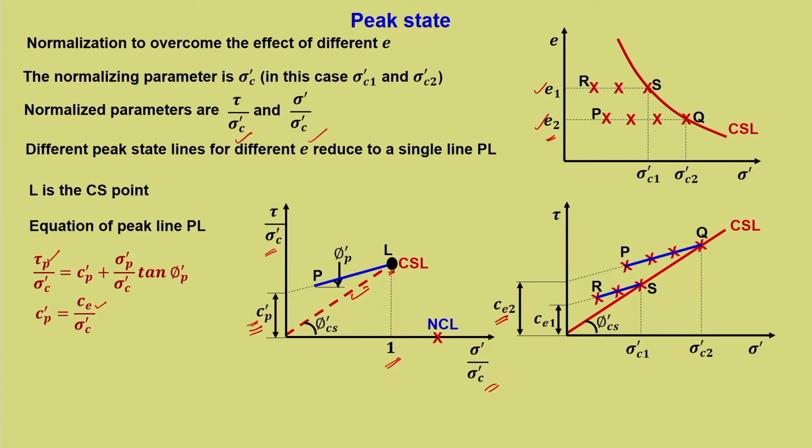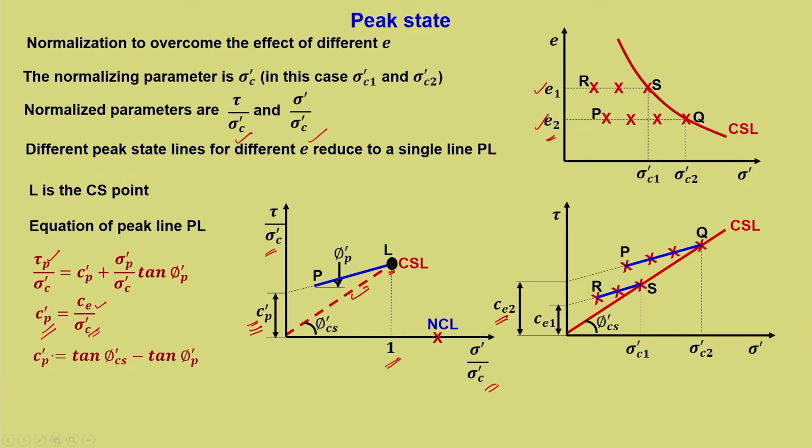So, it can be Ce1 or Ce2. Now, that will be getting factored by sigma dash C. So, Ce1 upon sigma dash C1 or Ce2 upon sigma dash C2, whatever. So, that normalized value of cohesion is C dash P, as you can note from this figure.